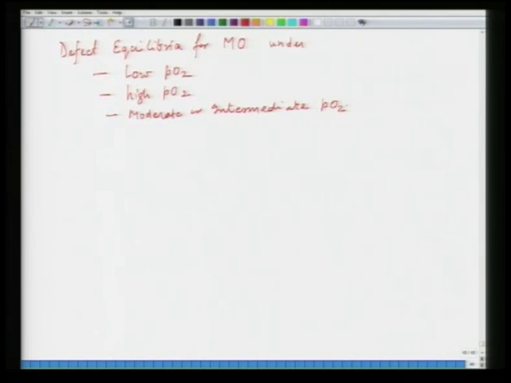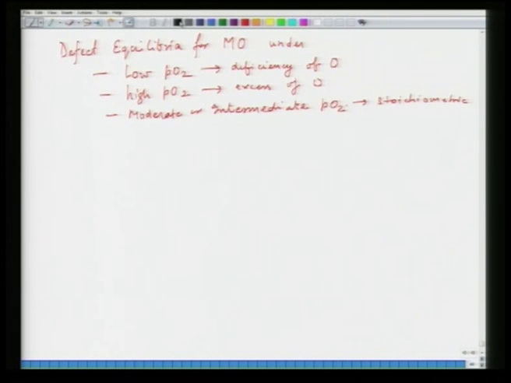The low PO2 condition would typically determine deficiency of oxygen, the high PO2 condition would typically determine excess of oxygen, and the intermediate condition would typically determine the stoichiometric condition.